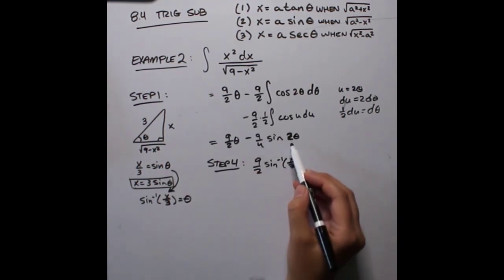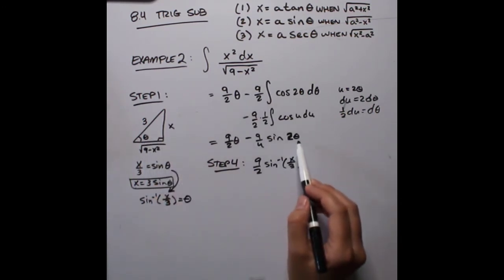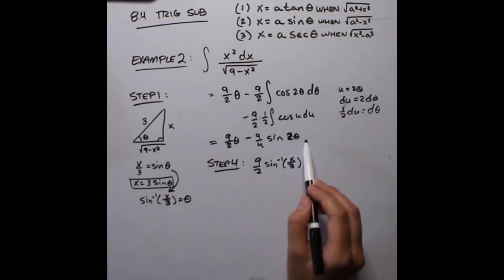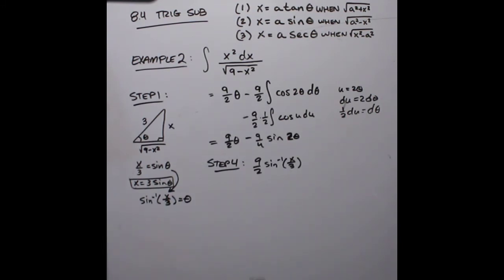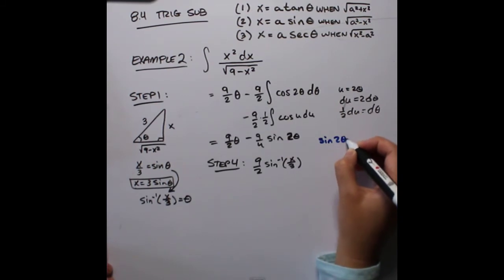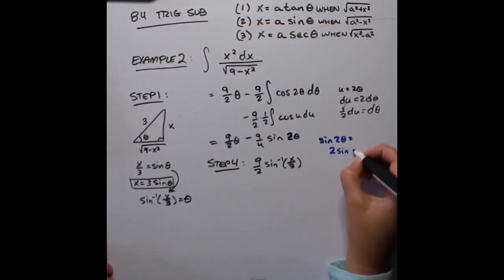And then over here, 2 theta, well, that one's a little tricky because we only have information about single theta. We don't know about twice theta, that angle measure. So you have to use another trig identity that allows you to rewrite twice theta in terms of just single theta. The best choice here is sine 2 theta equals 2 sine theta cosine theta.